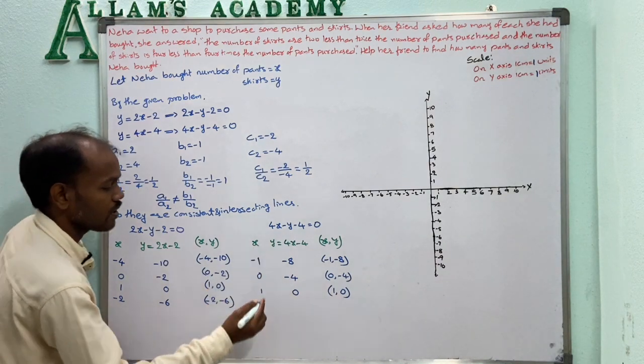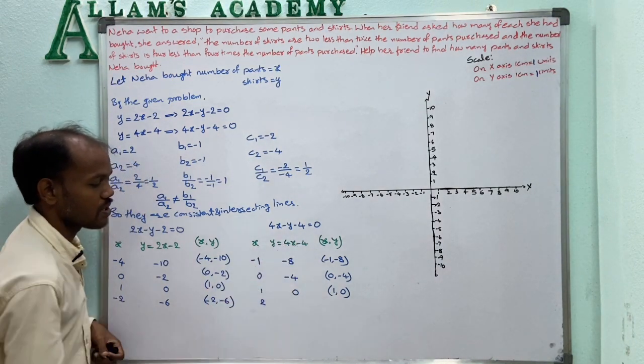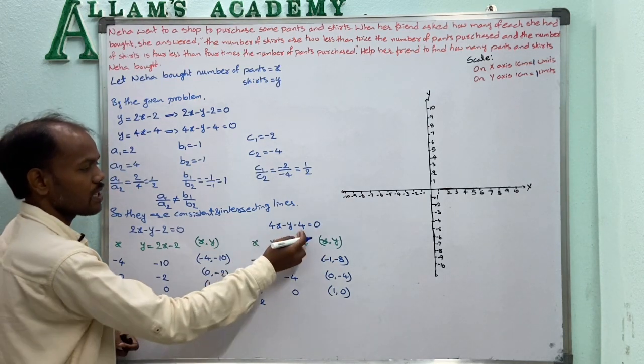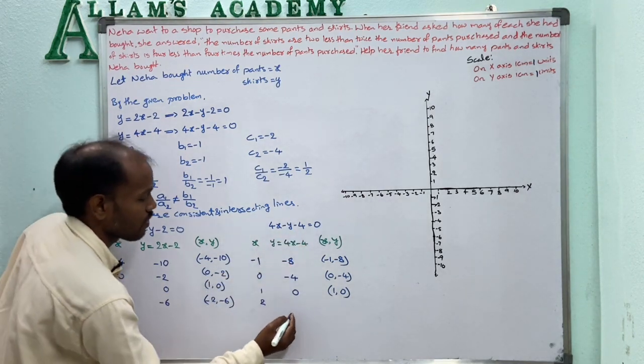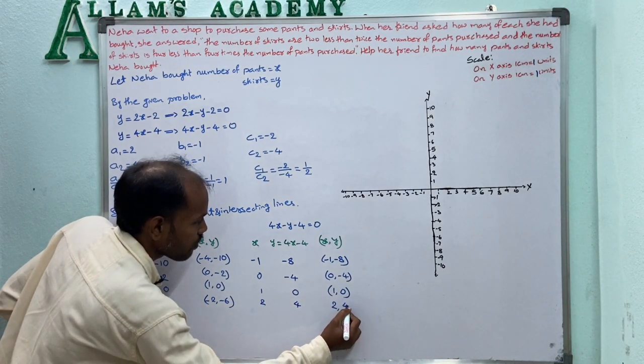If we substitute a positive value 2, 4 twos are 8, 8 minus 4 equals 4, so for 2, 4.